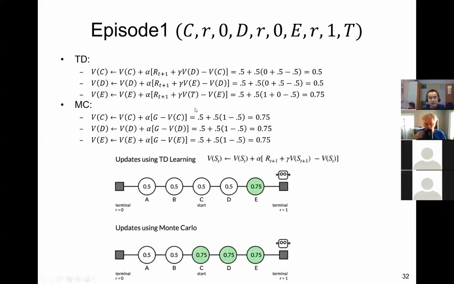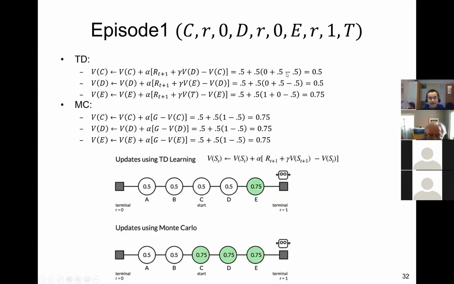So suppose you run one episode from C to D to E to terminal to exit. Now based on TD, you update VC with the TD target, which is 0 plus gamma times VD. All V's are initialized to be 0.5.